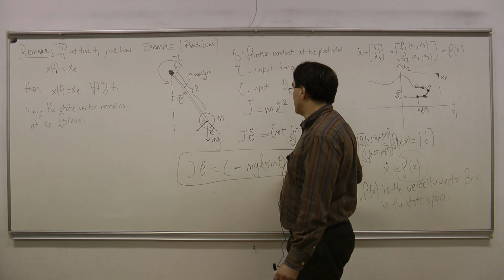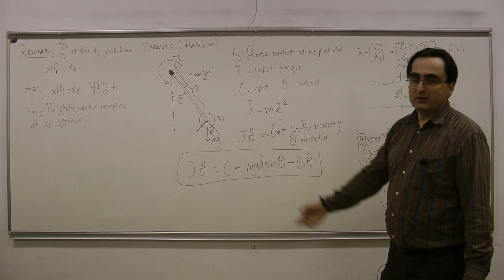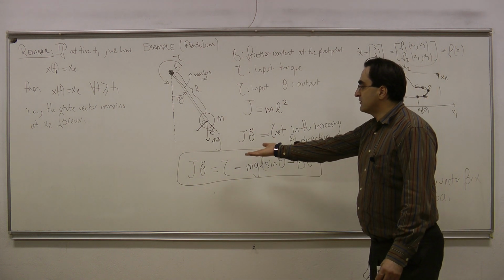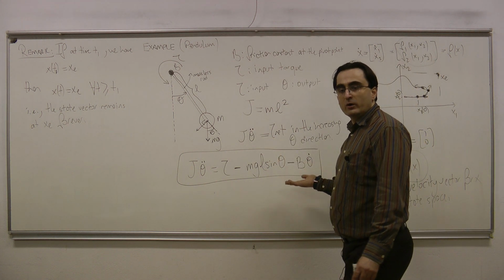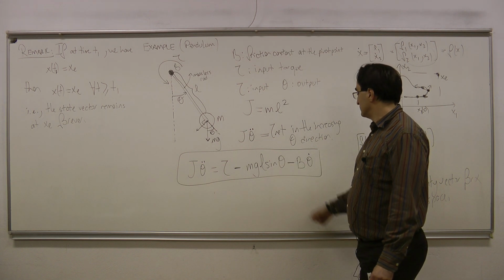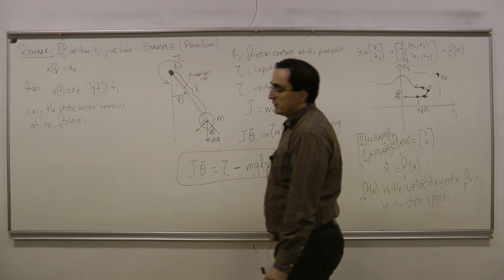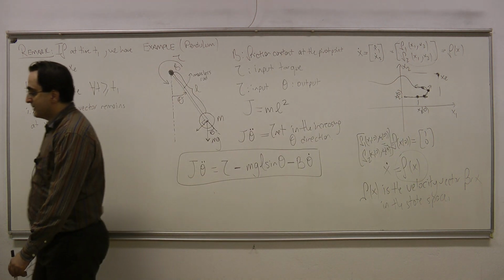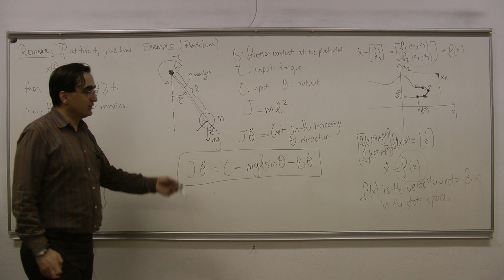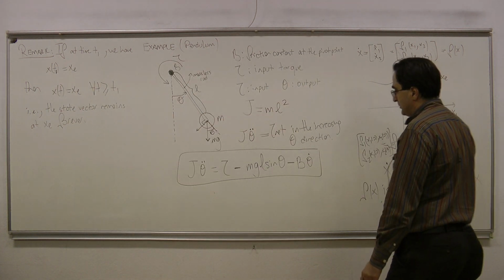What is the highest order of derivative that you see in this equation? Definitely it is 2. That means that this is a second order nonlinear differential equation. It is nonlinear because of the sine function. This term is linear, but sine theta is a nonlinear term. A second order nonlinear differential equation means that my state vector should be composed of 2 elements.